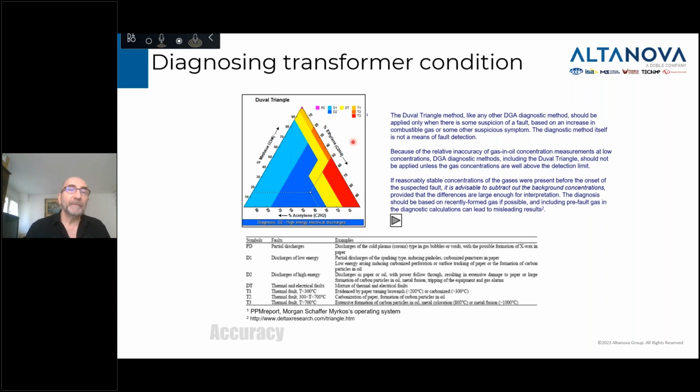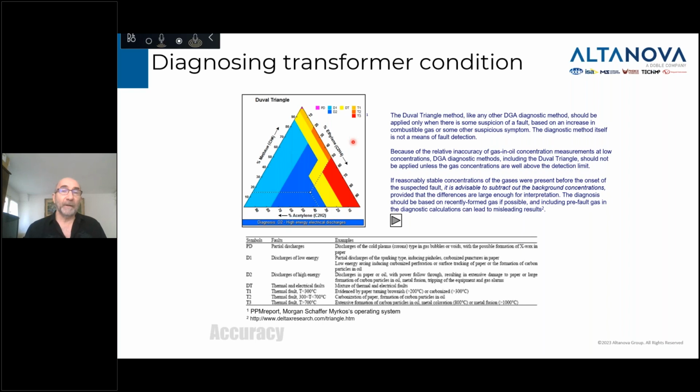Why Duval is very popular around the world is mostly because Duval not only developed a mineral oil triangle years ago, but over the years has continuously improved his triangles and developed new ones. Today, you have what we call low temperature fault triangles that can tell you if you have stray gassing or carbonization.